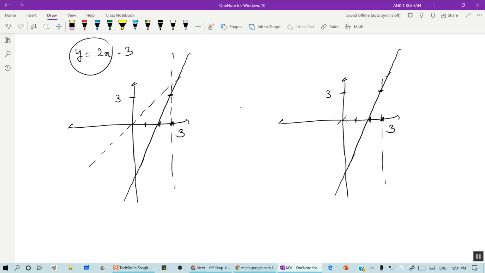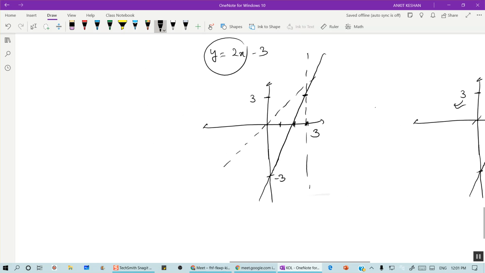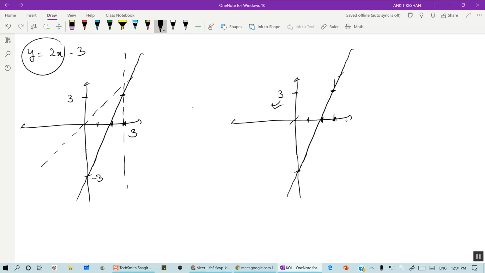Due to the error of scale, we are having this. You would be feeling that if this is 3, how can this be 3? No, this is not 3. Actually, this is minus 3. Sorry. You would be feeling that this distance is more, but this is freehand drawing, not to scale. That's why this is happening.